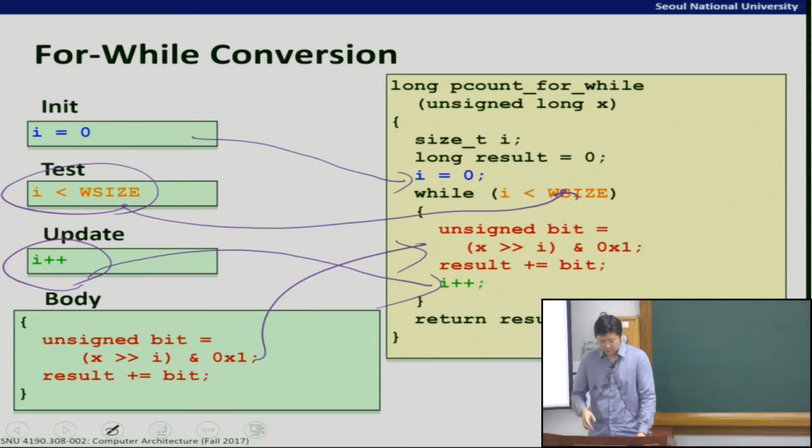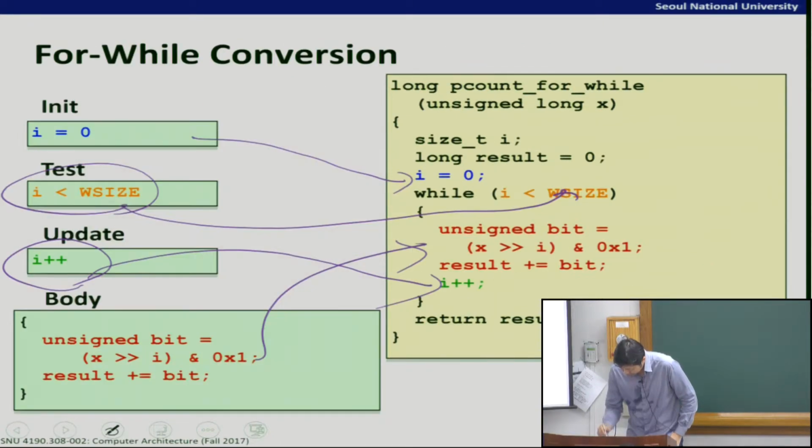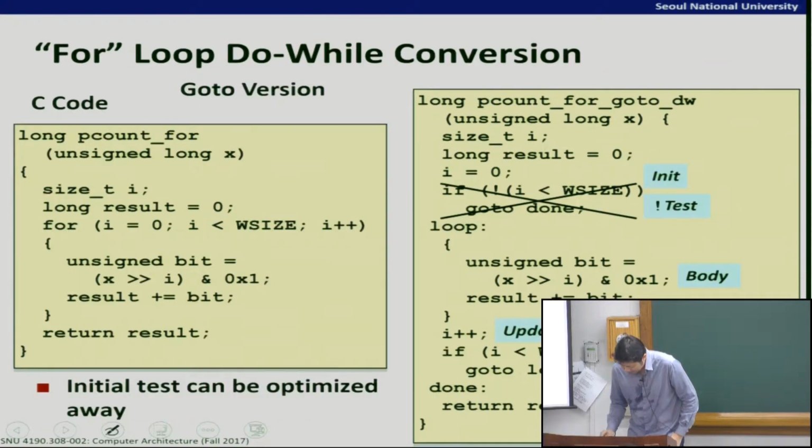So that's the transformed version of this original for loop. If you convert this while loop using a go-to statement, it'll look like this. Now we do a further transformation from the while version of the loop to the go-to version.